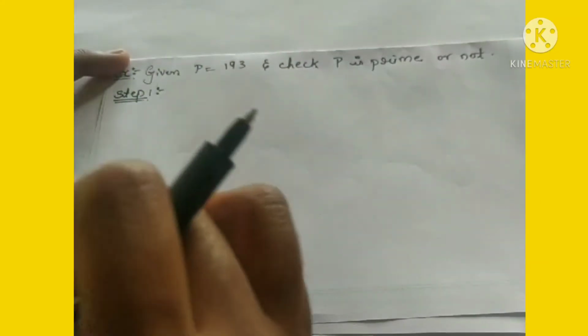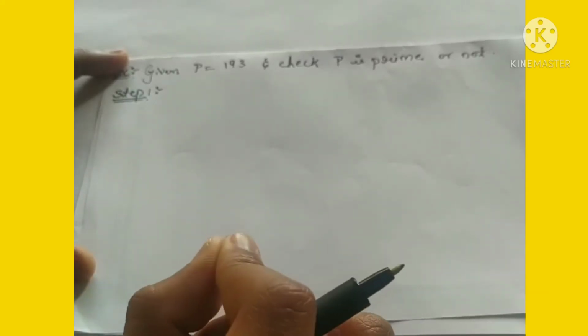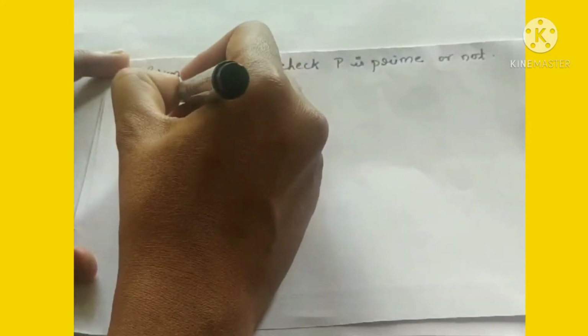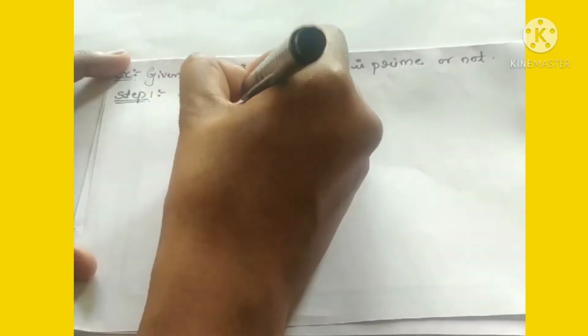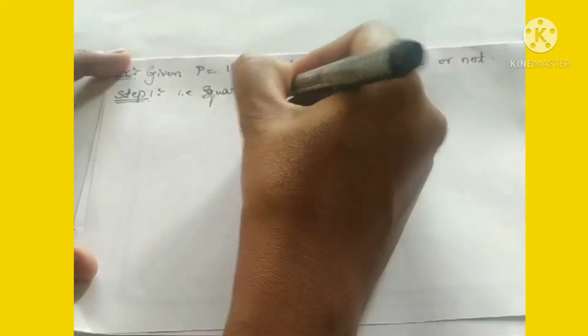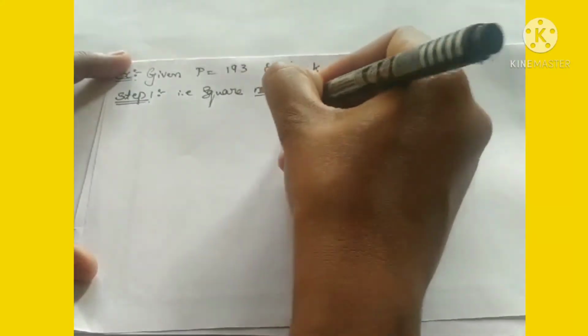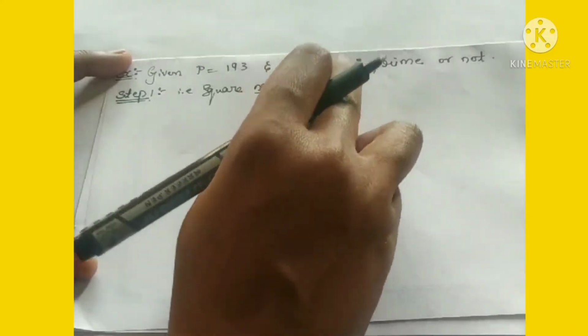In step number 1, we have to find out the square number greater than 193 and name that number as x square. What is the square number greater than 193? That is 196. 196 is the square number greater than 193.